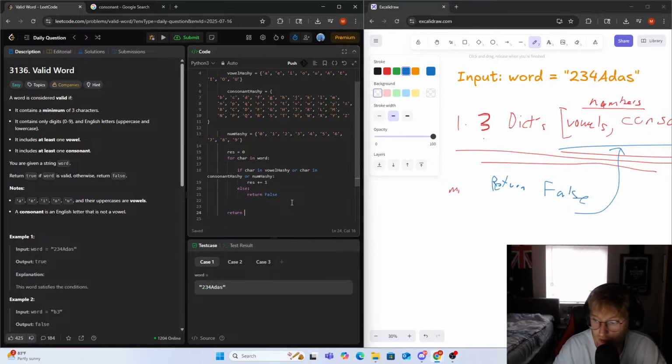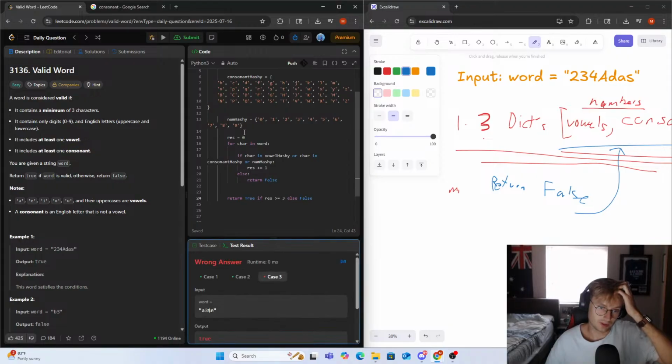Then we can return true if res is greater than or equal to 3, else false.